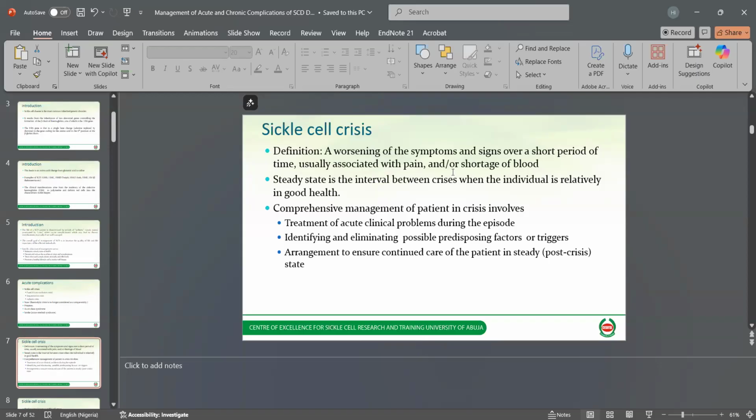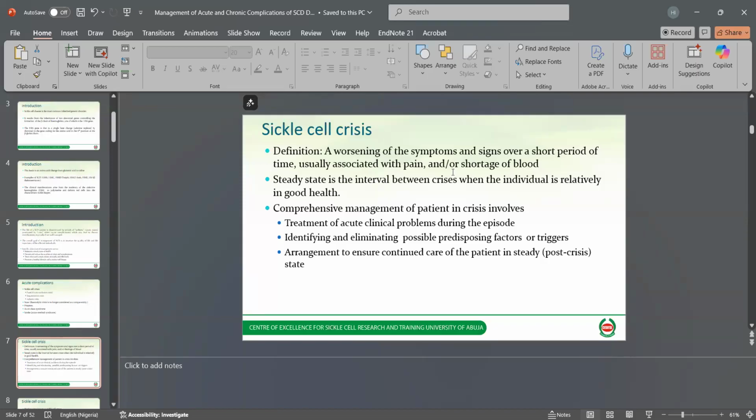It is when they are having crisis that they come. But when they come, after treatment, it is important to strictly emphasize to them the need of coming for follow-up even when they are steady, when they are relatively healthy.